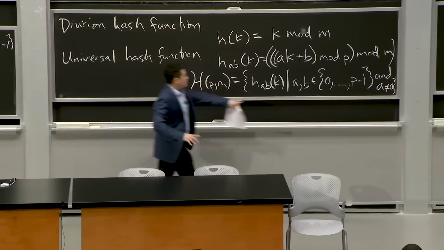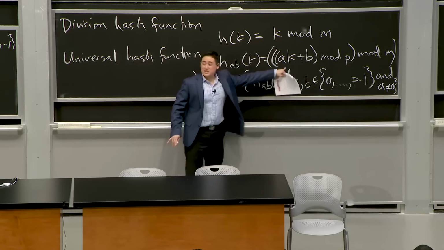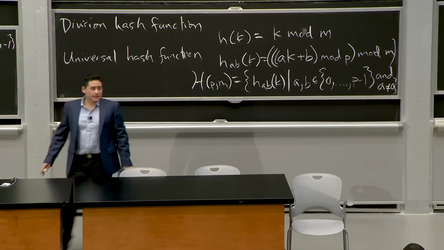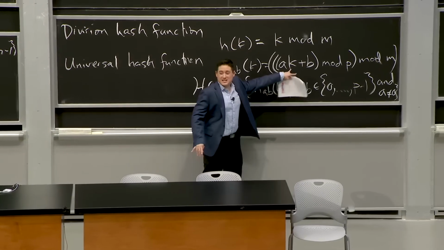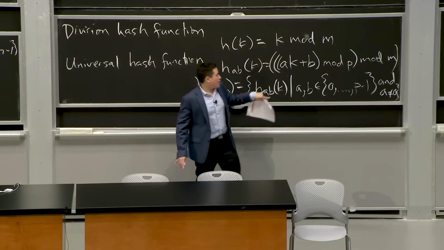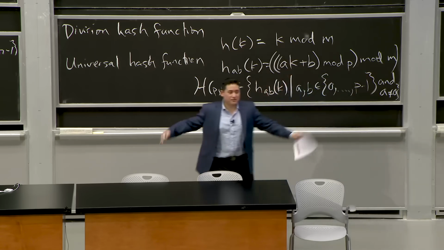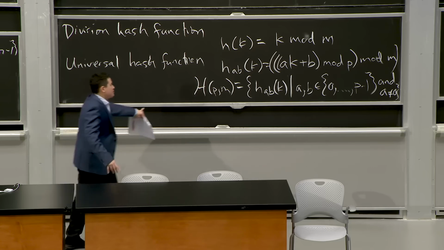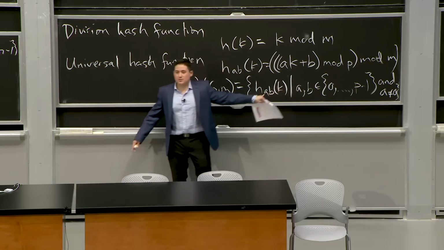This is A not equal to 0, right? If I had 0 here, I kind of lose the key information, and that's no good. Does this make sense? So what this is doing is multiplying this key by some random number, adding some random number, modding by this prime, and then modding by the size of my table, okay? So it's doing a bunch of jumbling, and there's some randomness involved here. I'm choosing the hash function by choosing an A, B randomly from this thing.